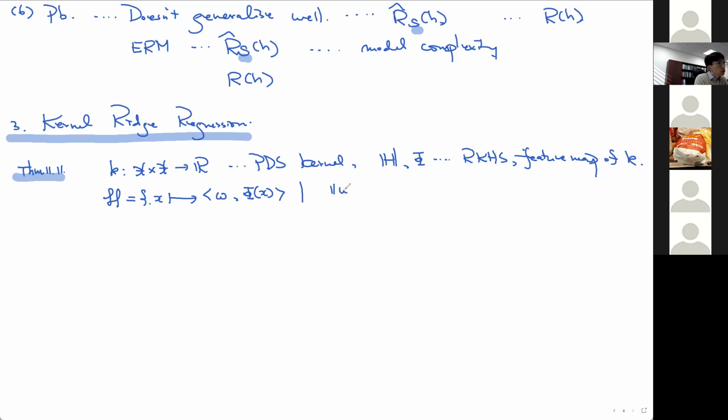Then we assume that the norm in this RKHS is bounded by lambda. What is this norm? The norm is the square root of inner products in the RKHS. And this is quite important. It's bounded by lambda.